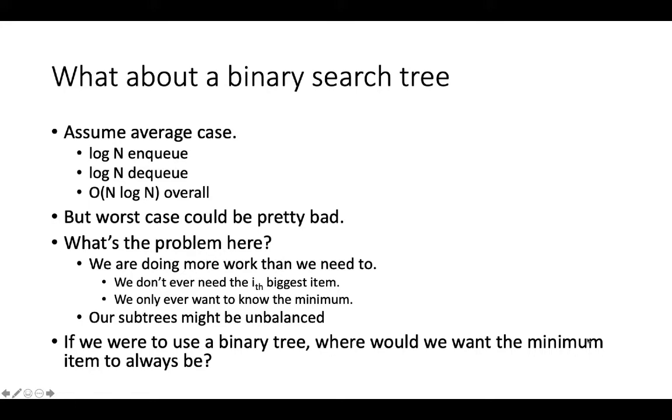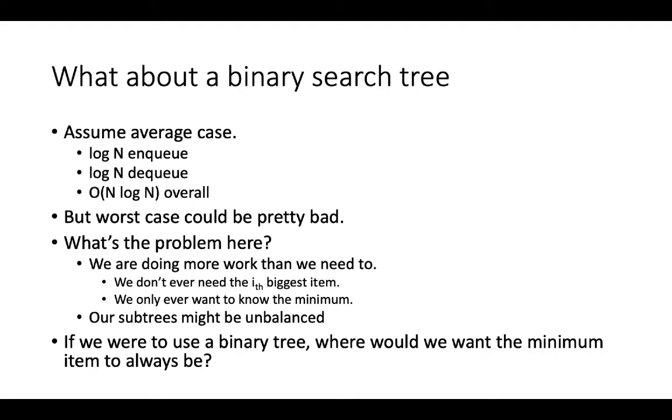If we assume the average case for a binary search tree, then it'll be order log n to enqueue, right, because we have to drop it down to the appropriate leaf and add it at the end of our binary search tree. To dequeue is pretty easy too, because we have to find the minimum priority. So we can just go left until we get to the minimum prioritized value, right?